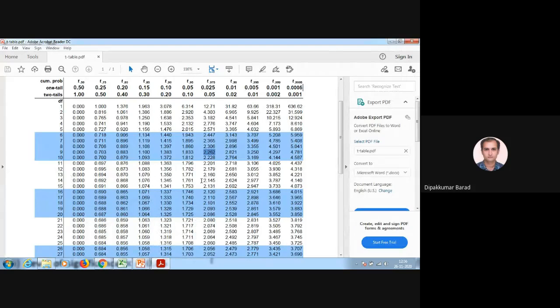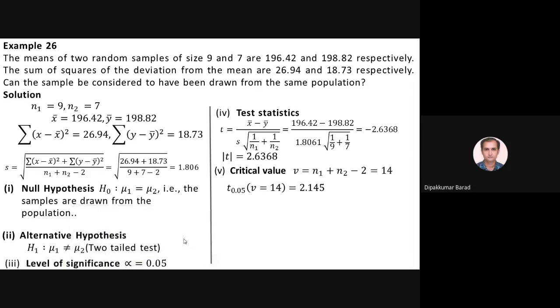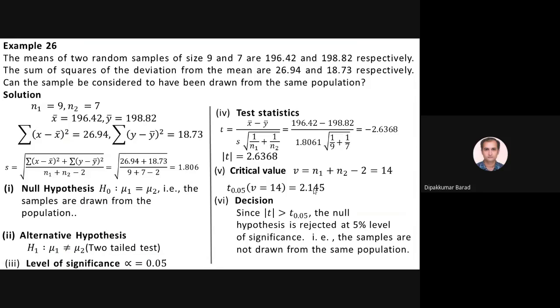I get 2.125. Now if we compare, mod t is greater than t at 0.05. So the null hypothesis is rejected at the 5% level of significance, that is, the samples are not drawn from the same population.